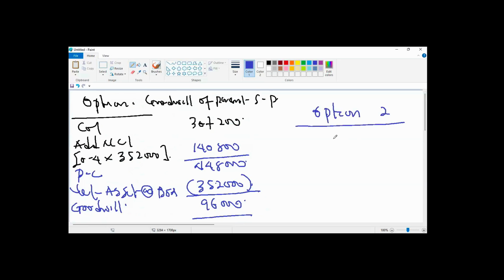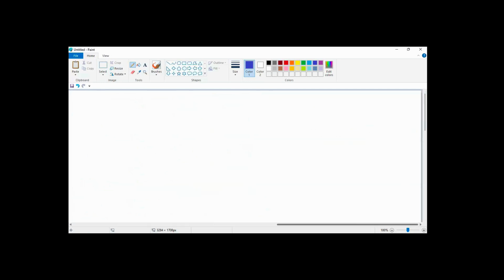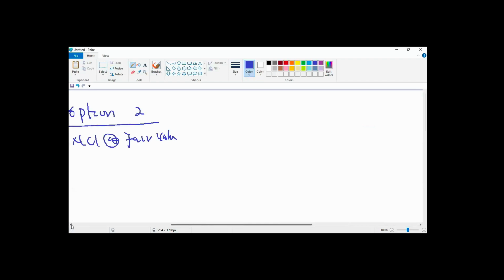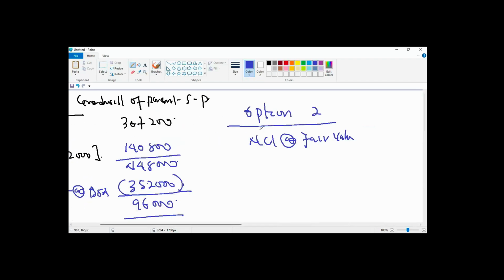I will now get NCI at fair value. Don't forget, NCI at fair value is the combination of goodwill attributed to NCI and net assets.